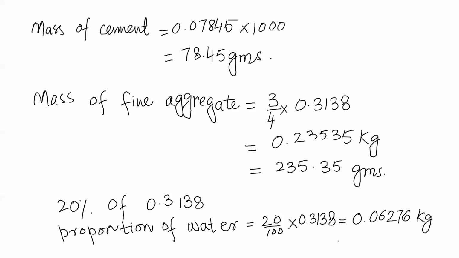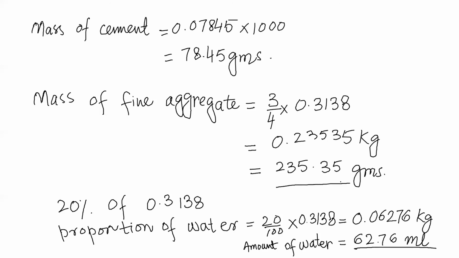When I multiply it with 1000, it comes out to 62.76 grams. Obviously you will take it in milliliter, because ml is equal to grams. So the amount of water will be 62.76 ml, and you have to take fine aggregate, or sand, that is 235.35 grams, and the mass of cement, that is 78.45 grams.